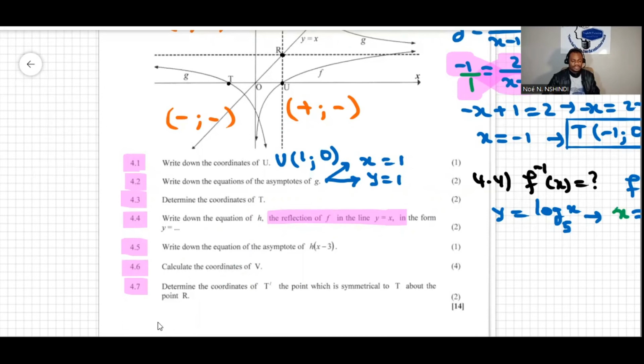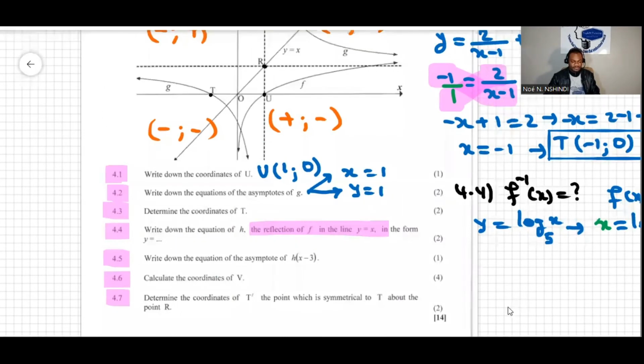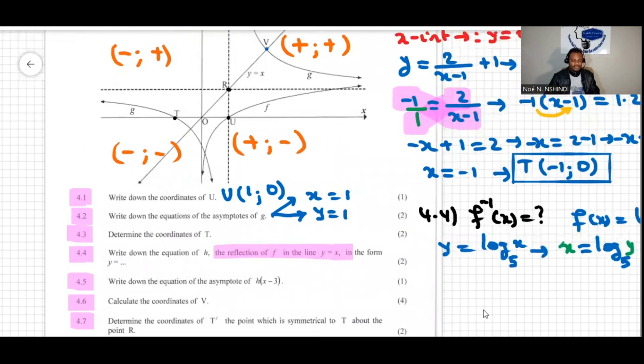So now we need to find another point. Let me see the graph fully. Another point t prime, which is symmetrical to t about the point r.